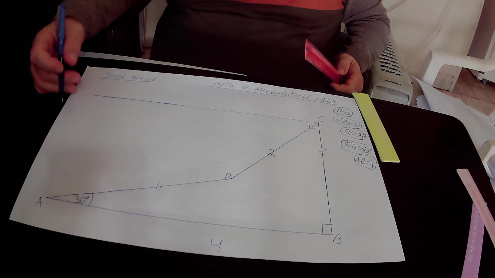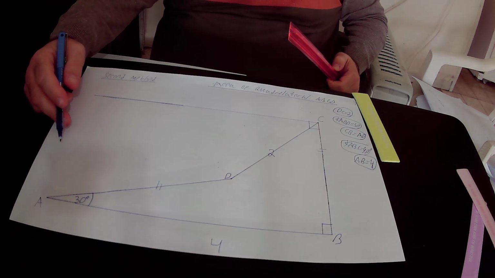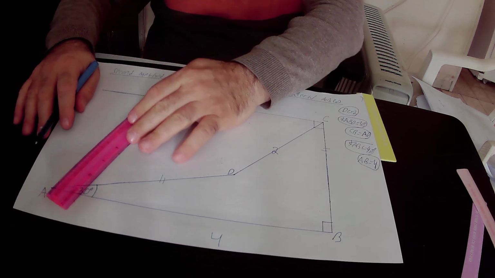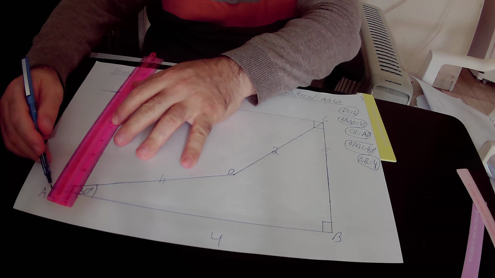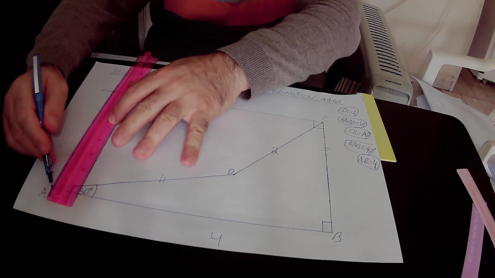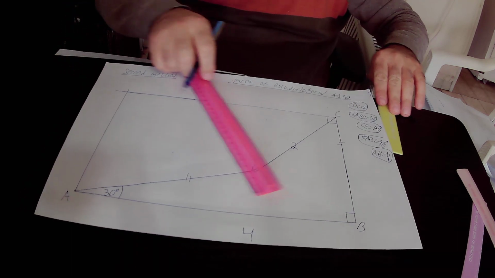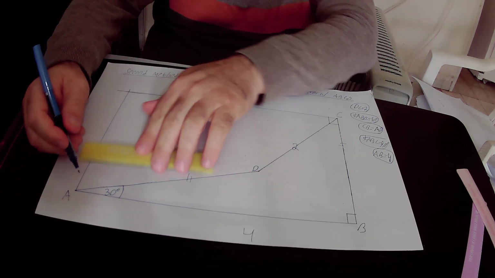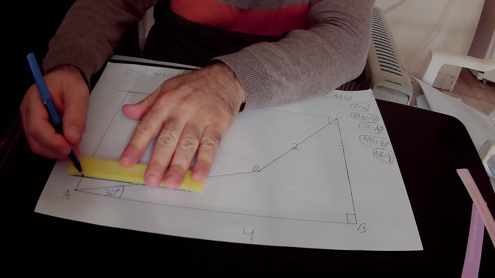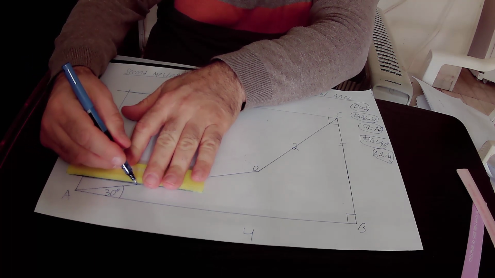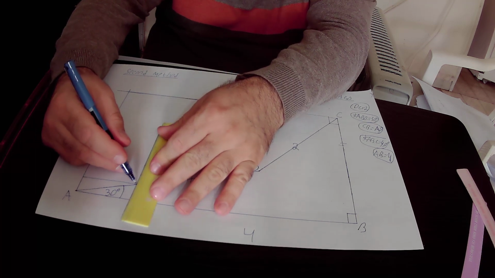And then from point A, we will draw a perpendicular to AB. So this angle will be a right angle, that is to say it will be equal to 90 degrees.